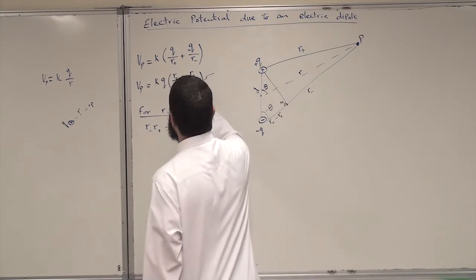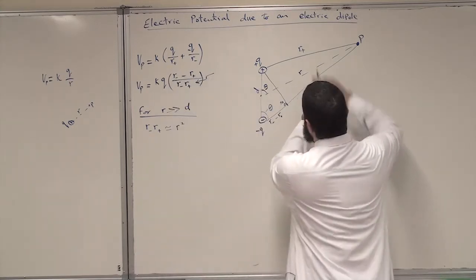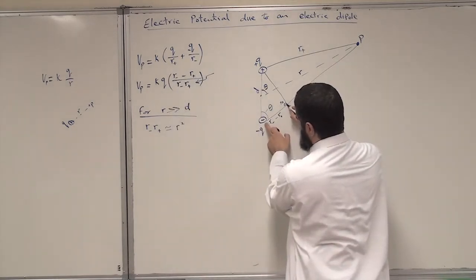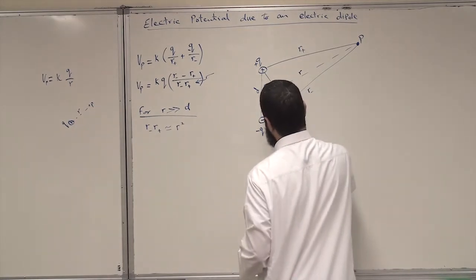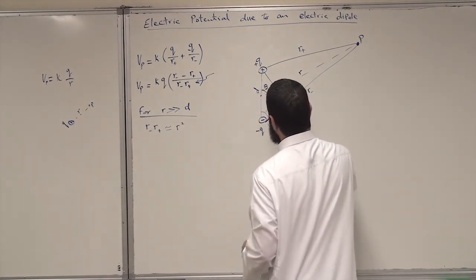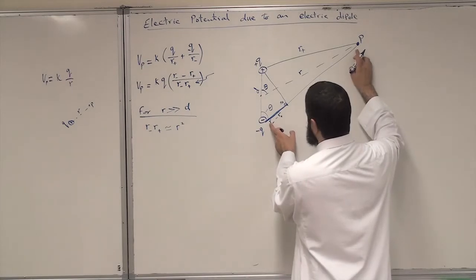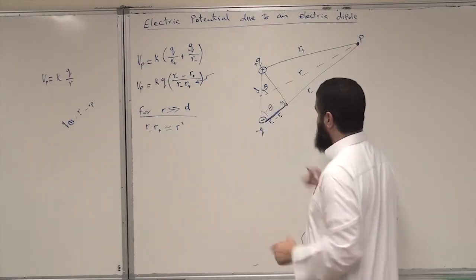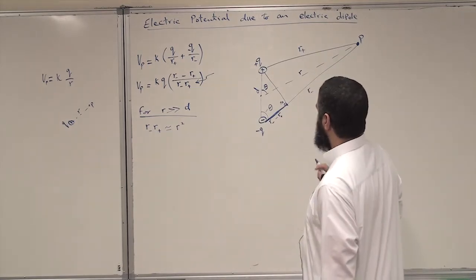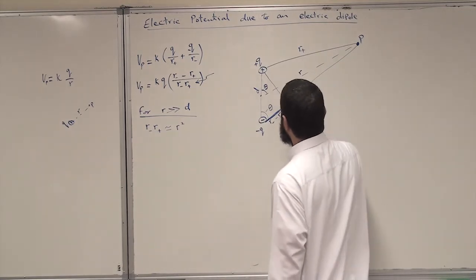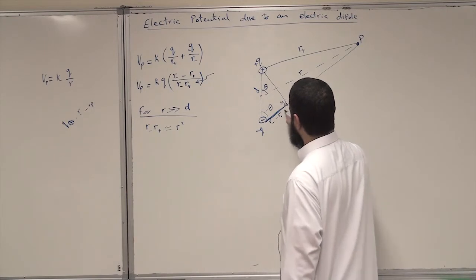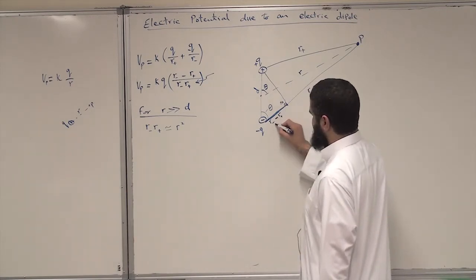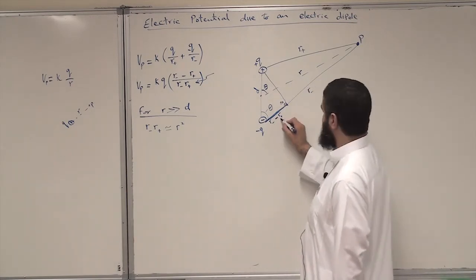And the difference between R minus and R plus, this distance, which is the difference between the long distance from the negative charge and the shorter distance from the positive charge: here we can complete the right angle triangle. This is one side of it, the difference between R minus and R plus.